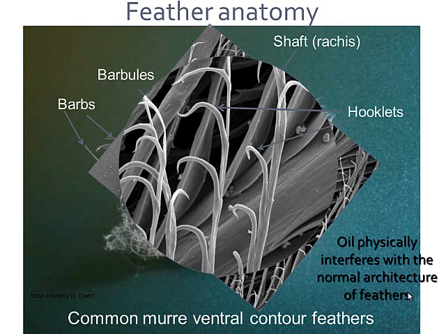And so what happens with the contaminant is that it interferes with that very special interlocking structure. It disrupts it, and so instead of the feathers acting like a barrier, trapping the air, keeping the bird insulated and warm, water is going to be able to penetrate, and that's going to cause a lot of the effects that we see.